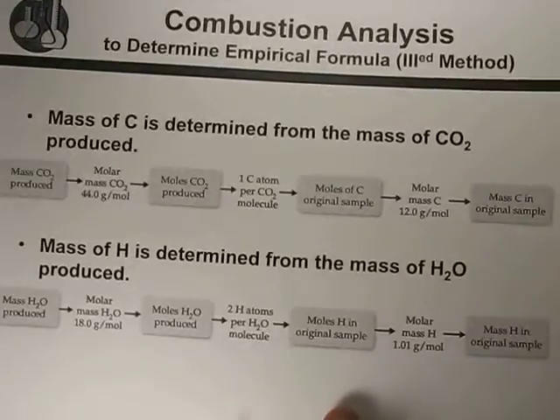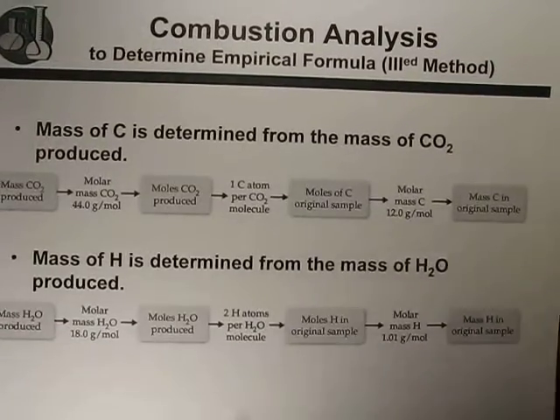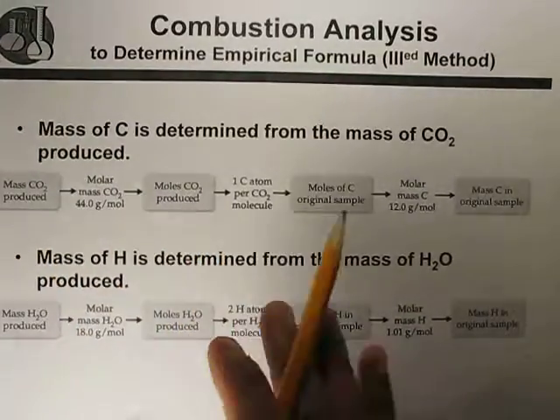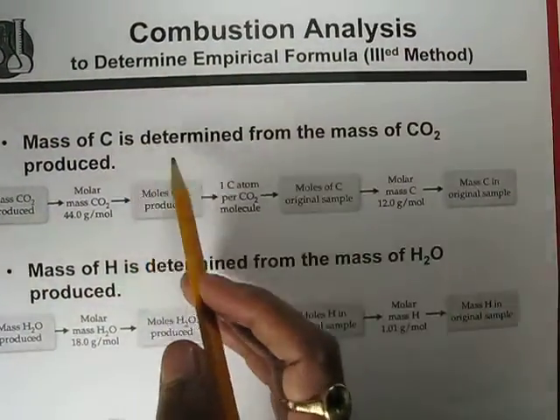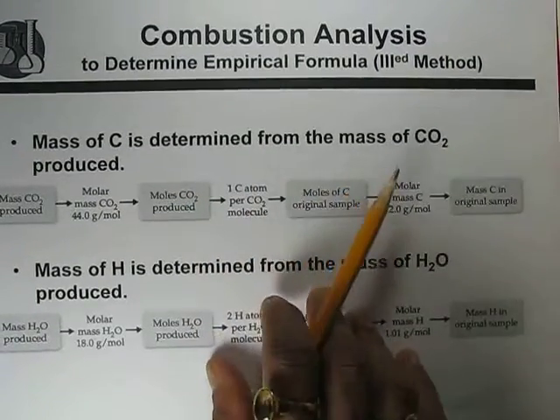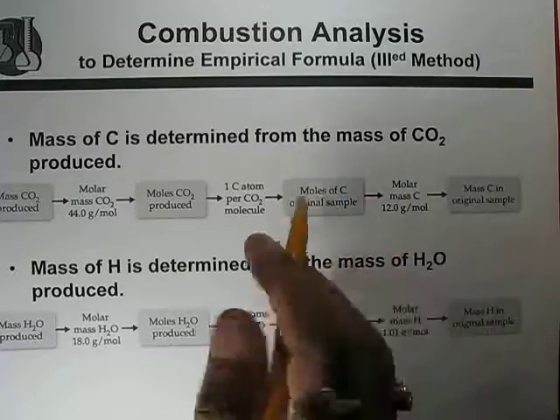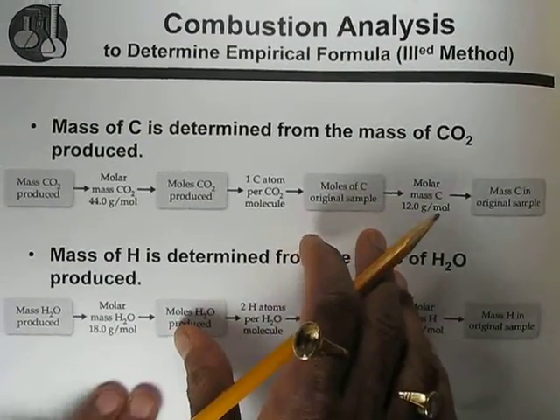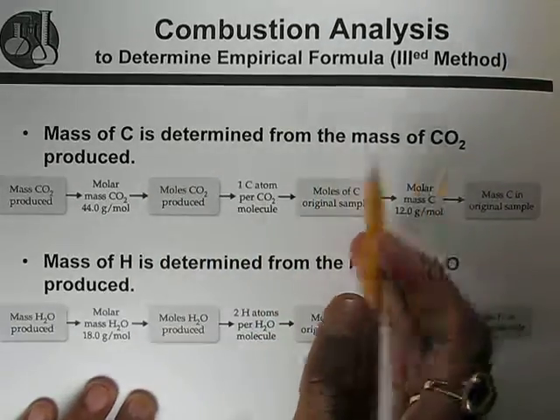And here we will see the pathway to calculate the mass of carbon, which is determined from the mass of CO2 produced. Let's see how we calculate the mass of carbon using carbon dioxide gas.